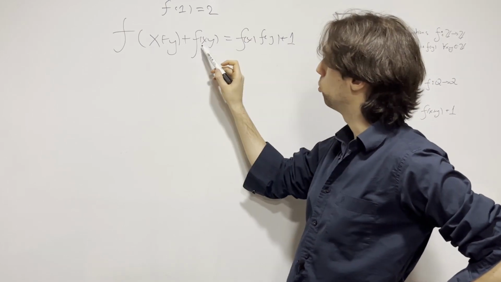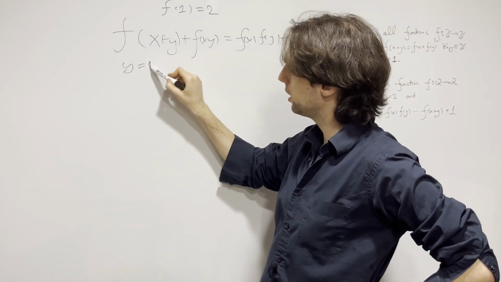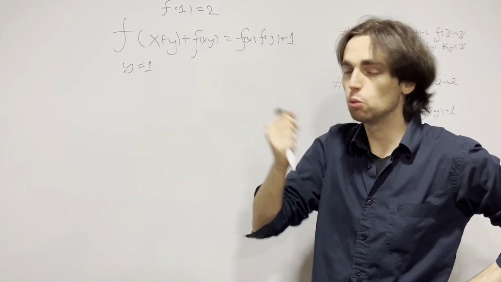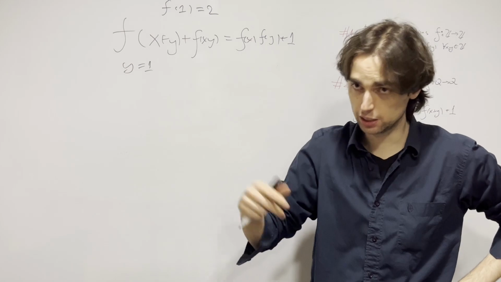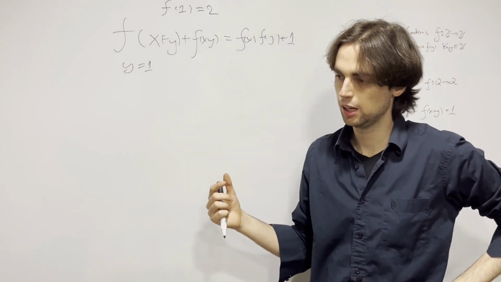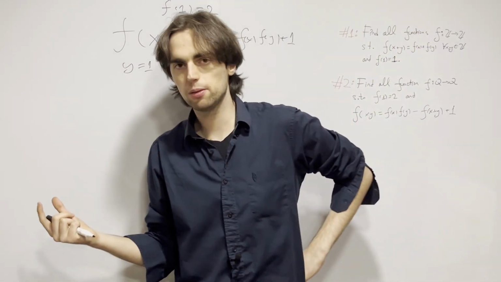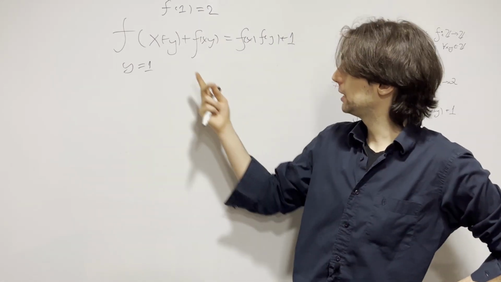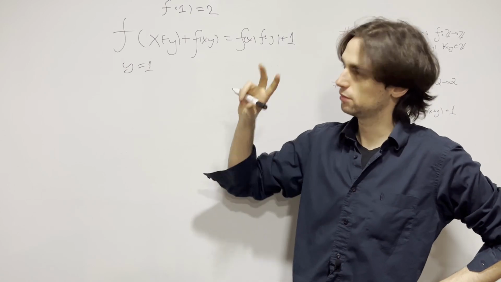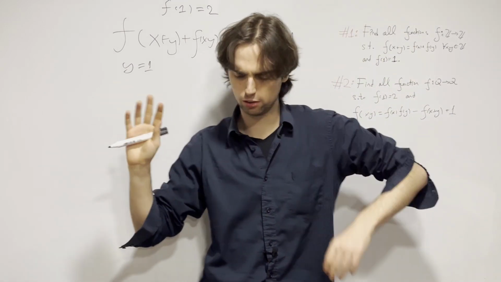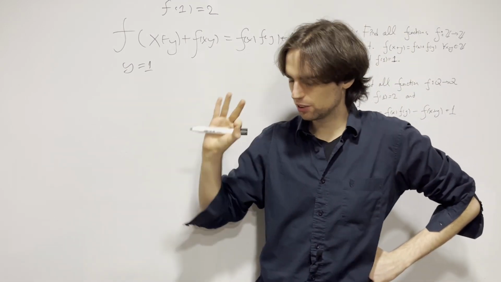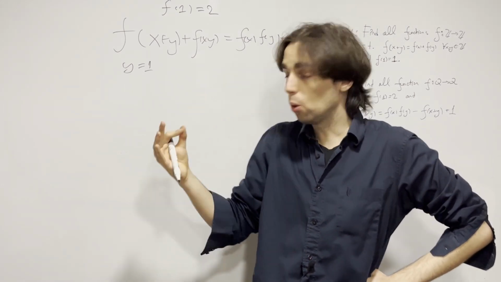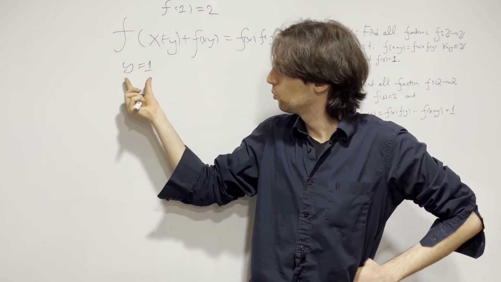So let's plug in 1. And I usually like to go by plugging in one after another. I don't like to plug in x equals 1 and y equals 1 immediately. I like to plug in one member of the pair and then see what happens. Because, I mean, here in a symmetric function, there is no need to look at something else, but I like to go one pair at a time because there are more things that hold when I just have y equals 1.